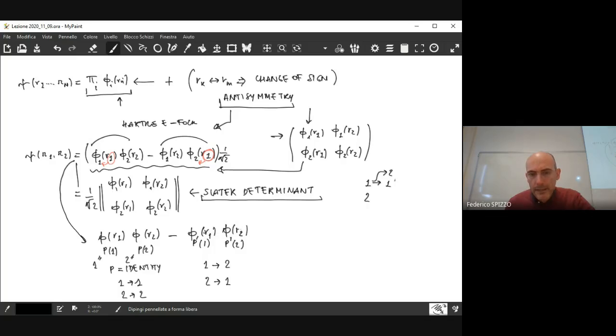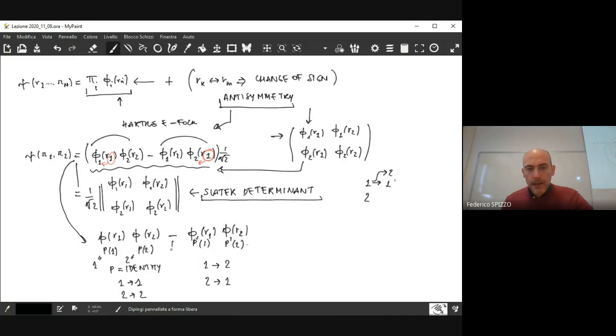I have to maintain the same order of the indexes within the wave function and just let the permutation switch the indexes here. So if you notice here, coordinate 1 corresponds to 2, so 1 to 2. Coordinate 2 corresponds to 1, so 2 to 1. So in this case, using permutations, we may rewrite the wave function.